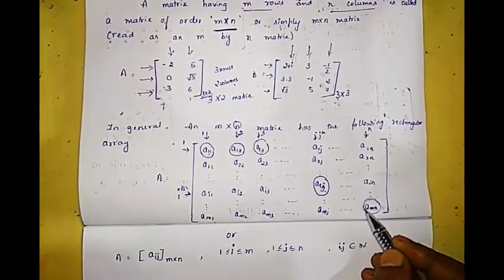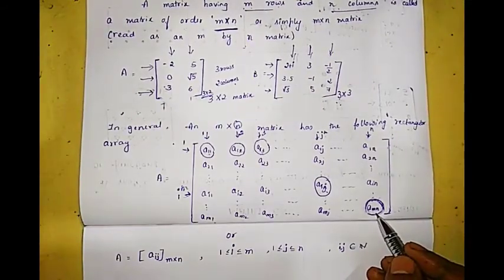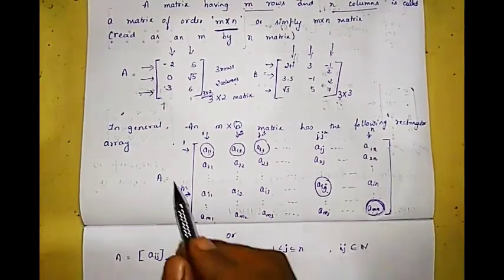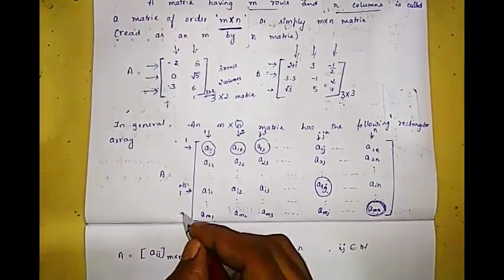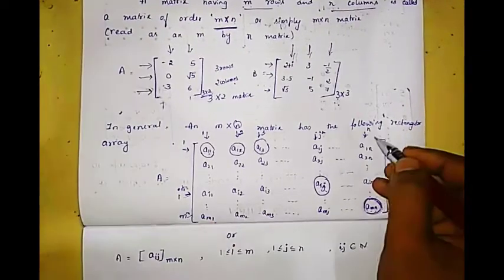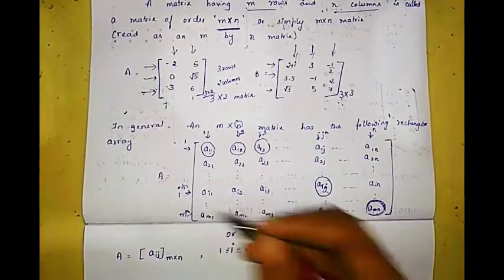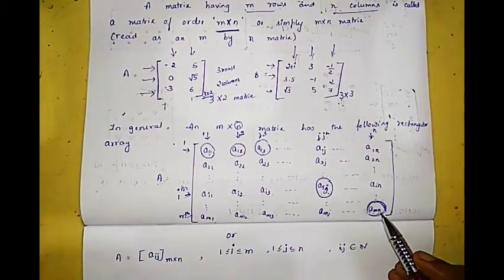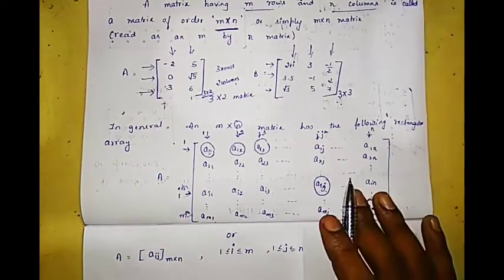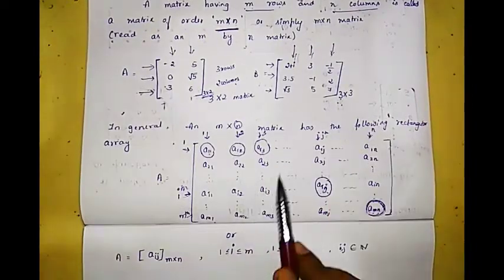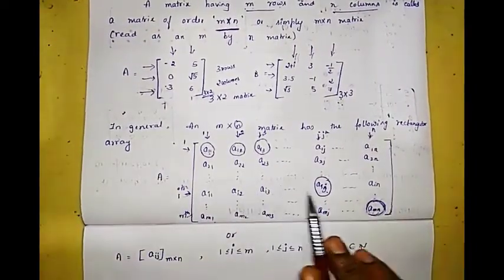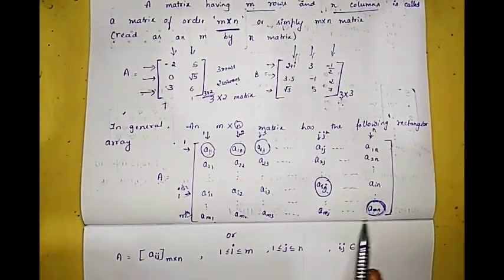And what is the position of Amn? Amn is the element of the matrix A in the mth row, nth column. So this is the general representation of an m by n matrix. Why am I writing m in the last line?